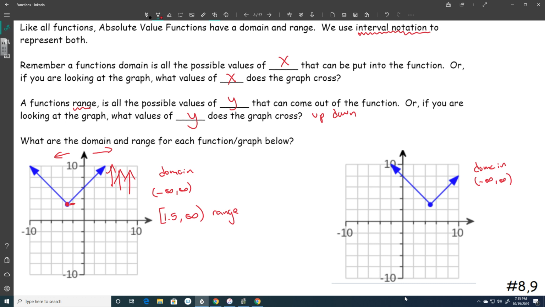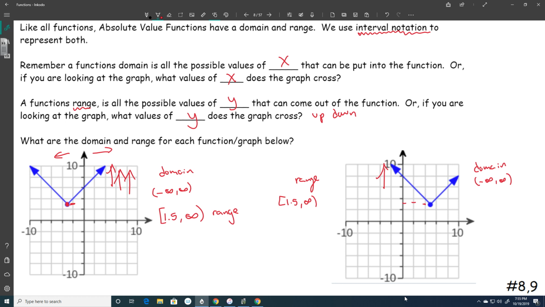Okay. In this example, my range, again, it goes up forever, and it looks like I'm at about 1.5 again. So my range would be from 1.5 up to positive infinity. It's going to go up forever. Okay.